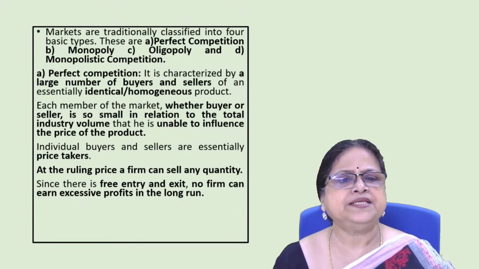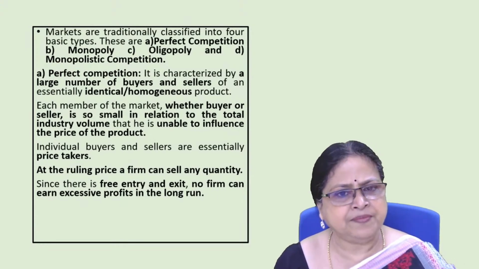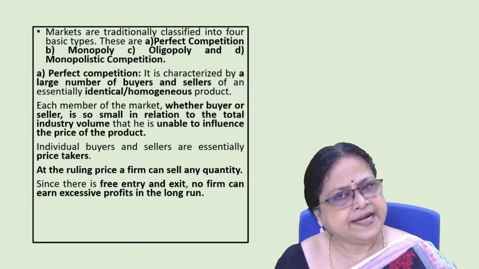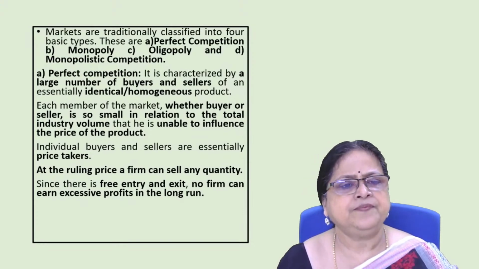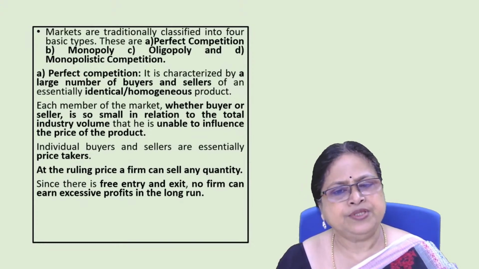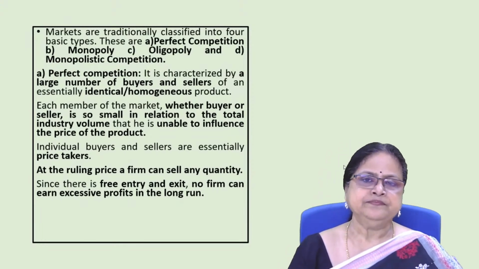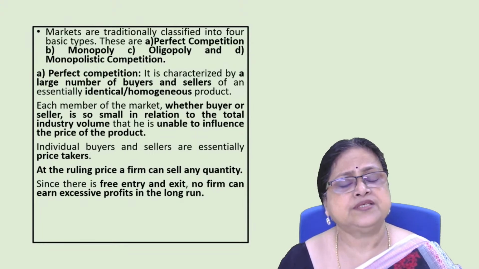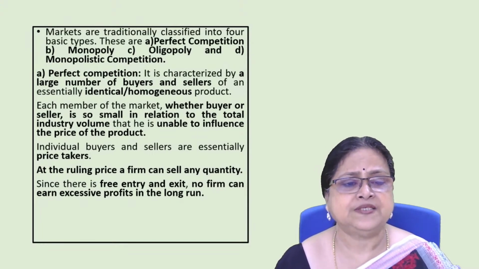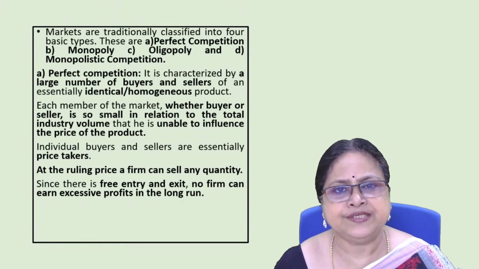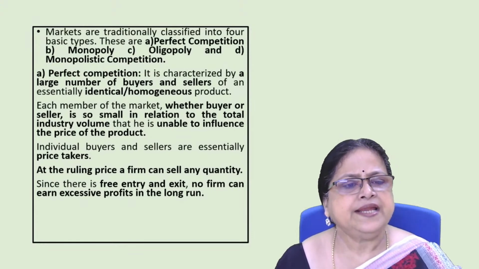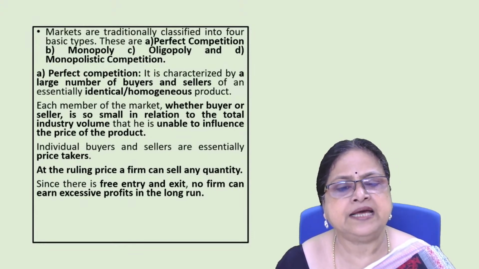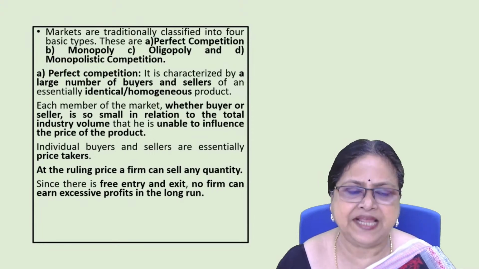In the case of perfect competition, you find a large number of buyers and sellers of an identical or homogeneous product. Each member of the market, whether buyer or seller, is so small that it doesn't have any influence or control over the price of the product. They cannot influence the price. Individual buyers and sellers are taken to be price takers.